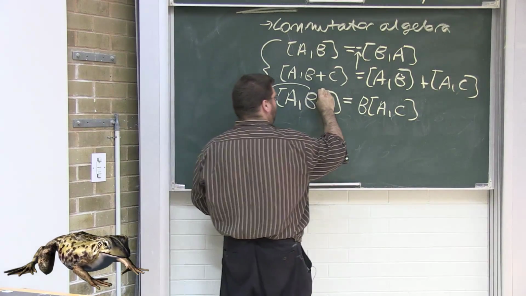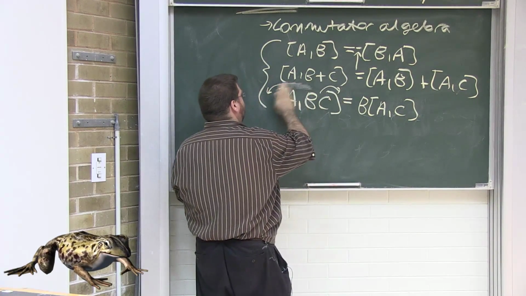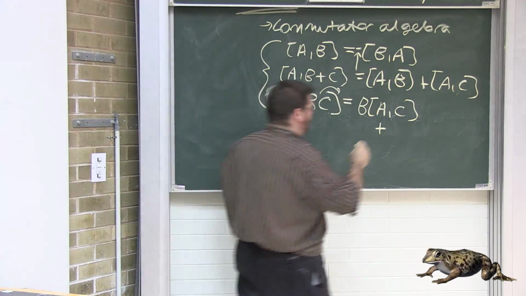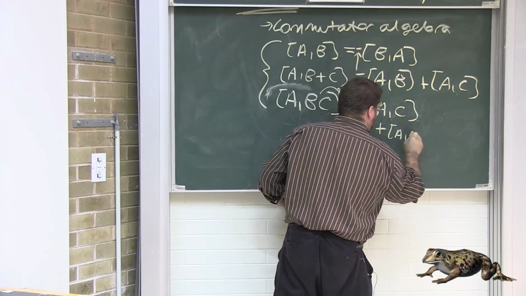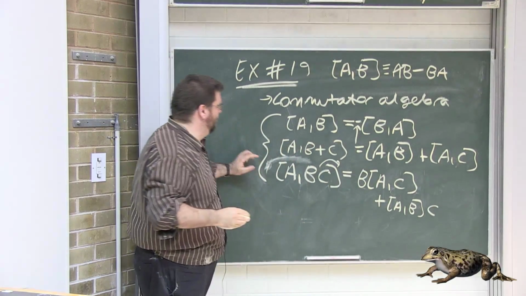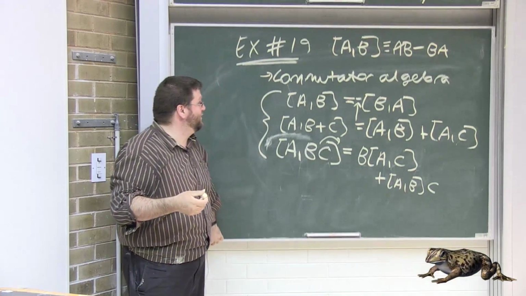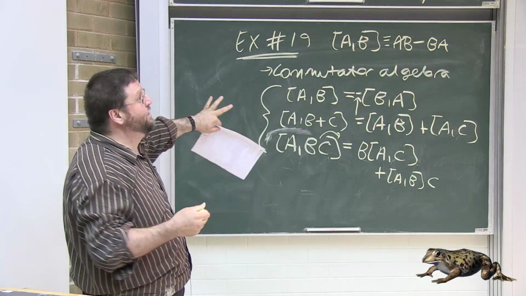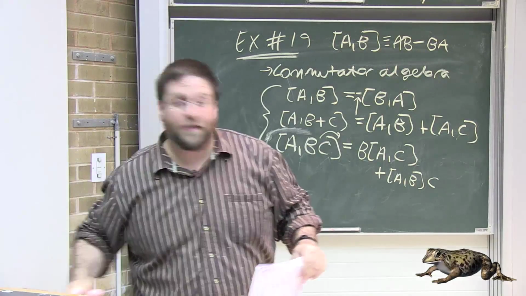Alternatively, you could have the C frog hopping to the right. And if the C frog were to hop to the right, then you get A commutator B with the C frog on the right. And that's a silly way to remember it, but it's quicker than deriving it. So I'm just reminding you of these three results of commutator algebra.